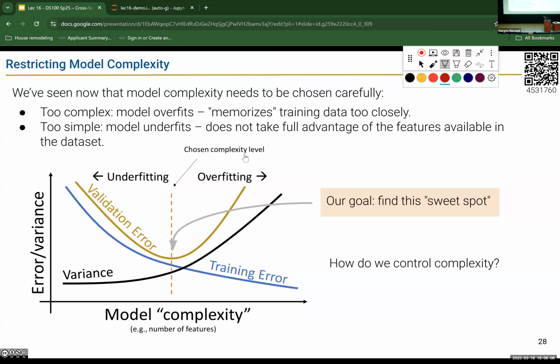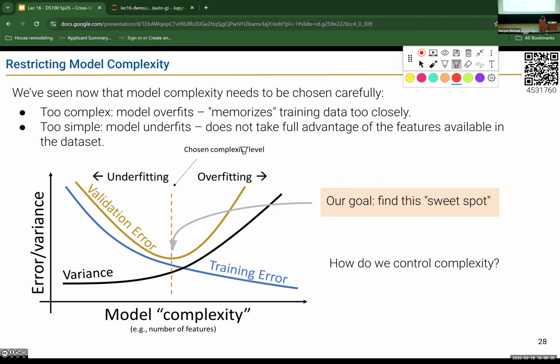So we've been talking about this notion of seen versus unseen. We figured it out. Then there's this other issue that we wanted to find this sweet spot: at what point are we overfitting to the training data or not, and how to control complexity, right? So overfitting effectively means that we're trying to control complexity in a way that the model is complex enough, but not too complex.